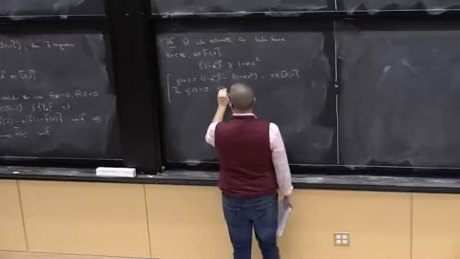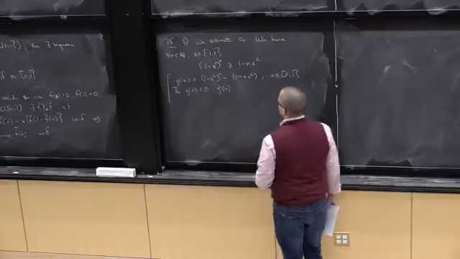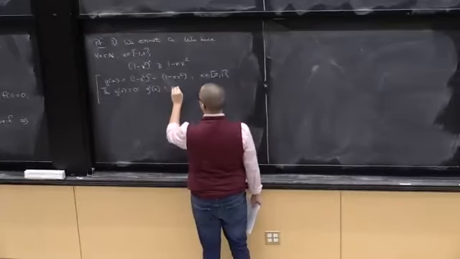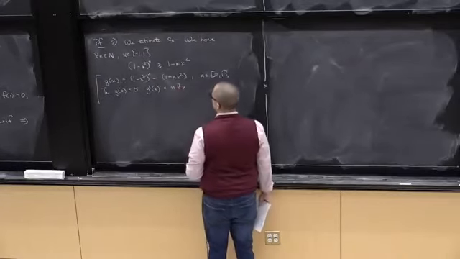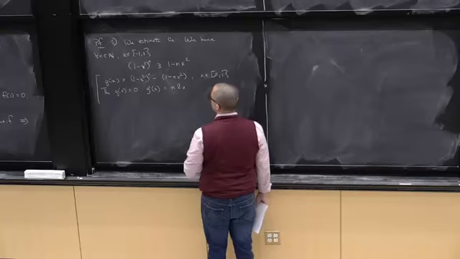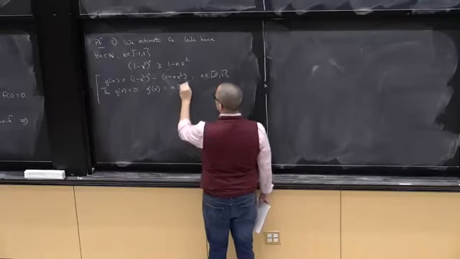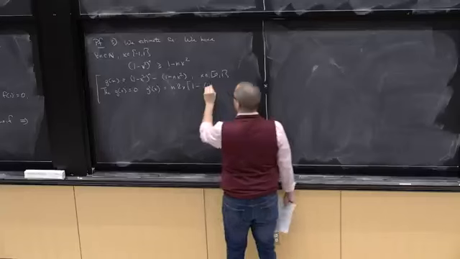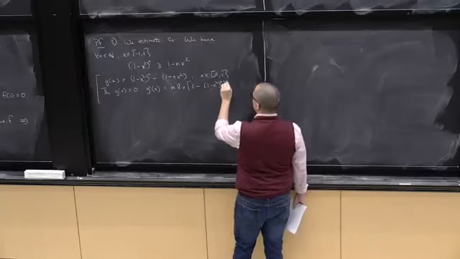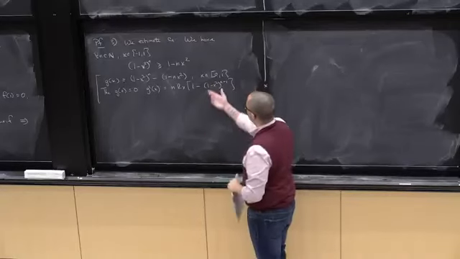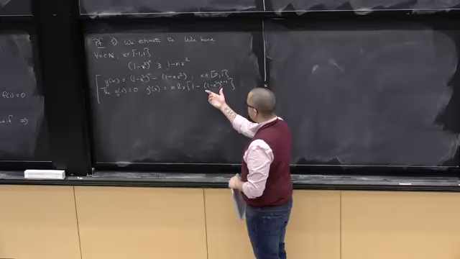And if I compute g prime of x, this is equal to n times 2x times (1 minus x squared) to the n minus 1. And this thing in parentheses is always less than or equal to 1.